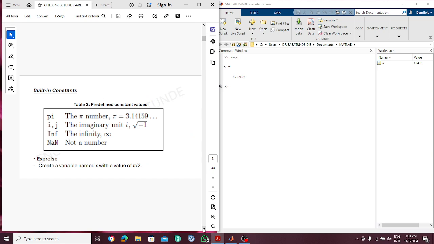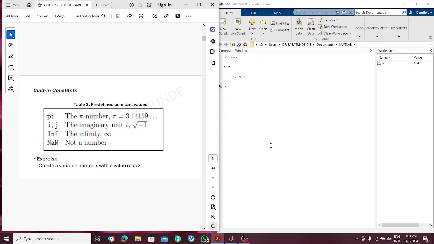So here is a table showing some of the built-in constants that are in MATLAB. We have the imaginary unit, sometimes i, sometimes j, that we know equals the square root of minus 1. We also have infinity and NaN, which refers to not a number.